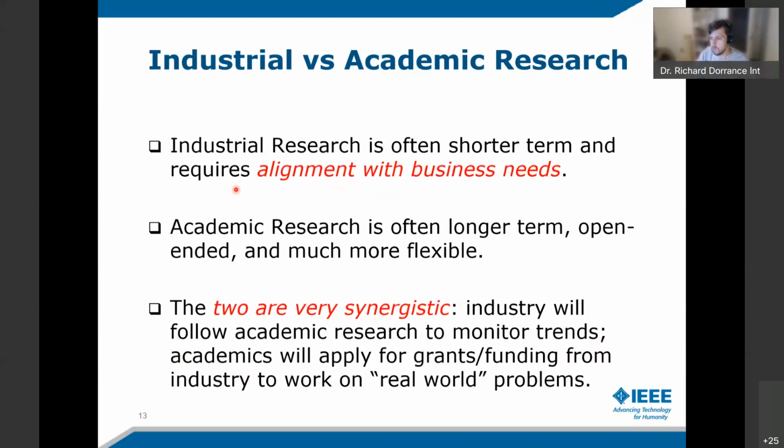So while at Intel Labs I have a lot of freedom to work on a variety of different topics, ultimately it needs to align with Intel's bottom line. It needs to be research focused towards products and services that we are currently offering or would eventually like to offer.